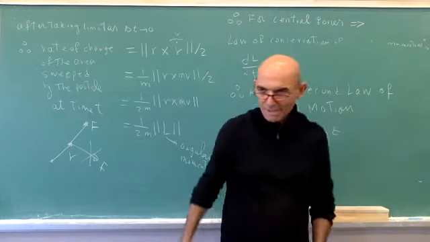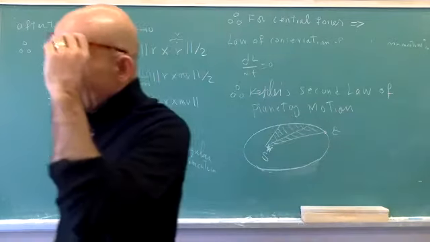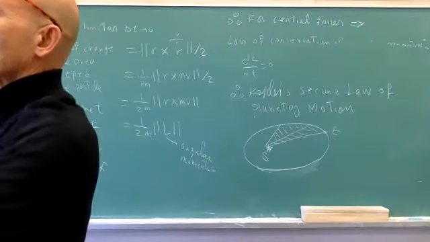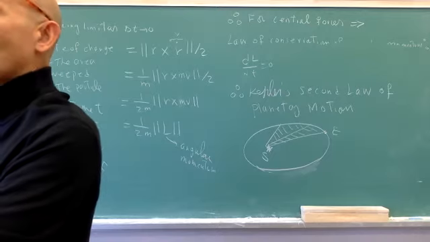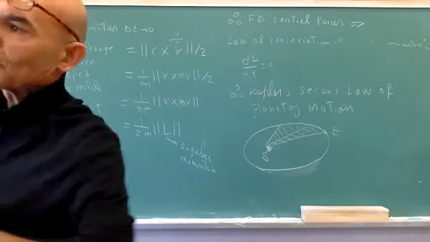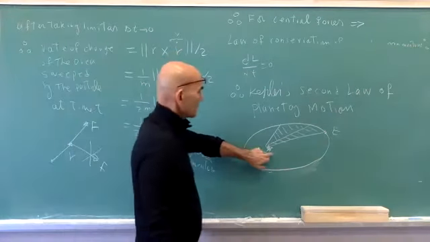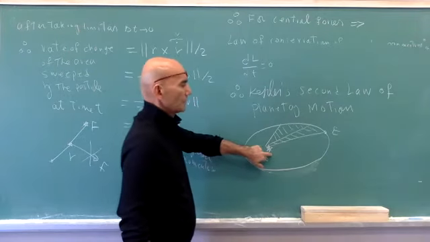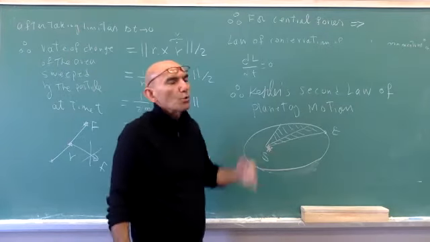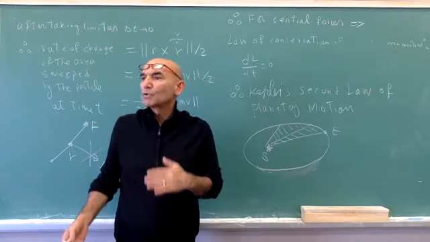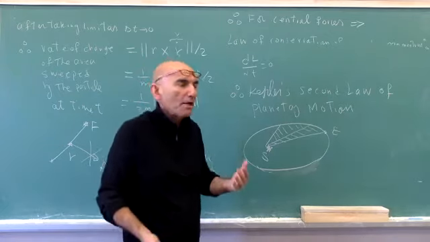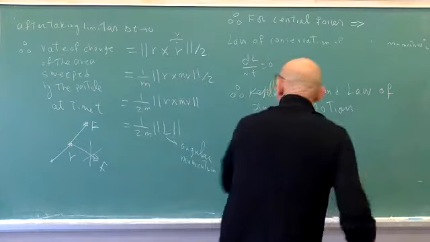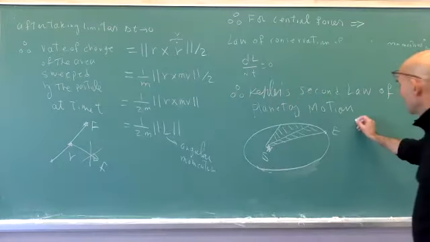So what did Kepler say? Kepler said that as Earth moves around the sun, the area swept by Earth with respect to this focal point S, which is the sun, in equal times, Earth sweeps equal areas. This is also called Kepler's area law.